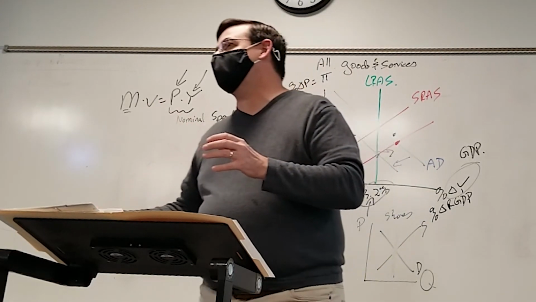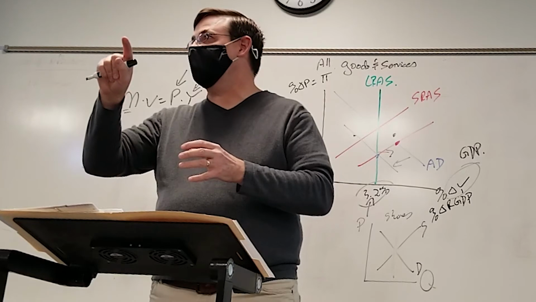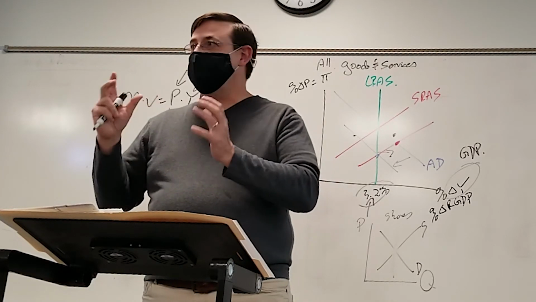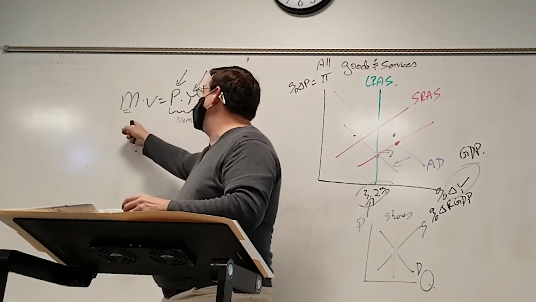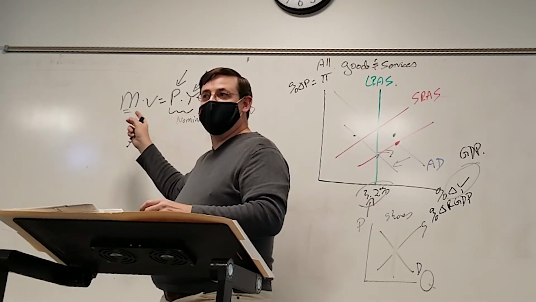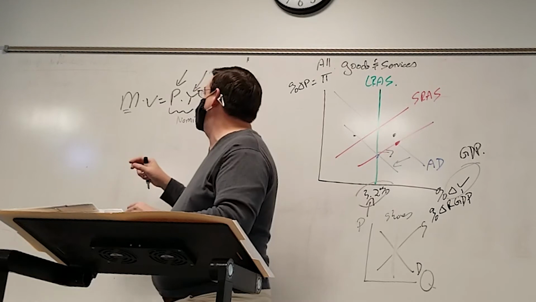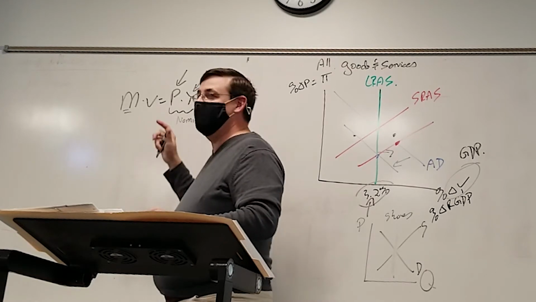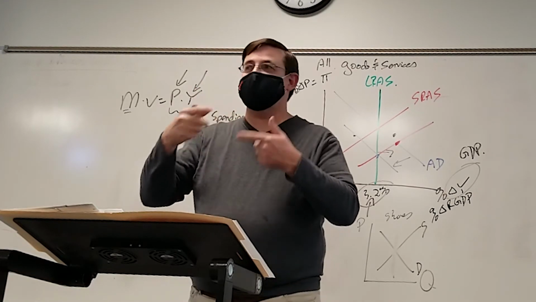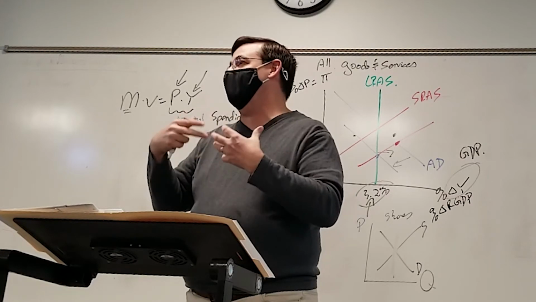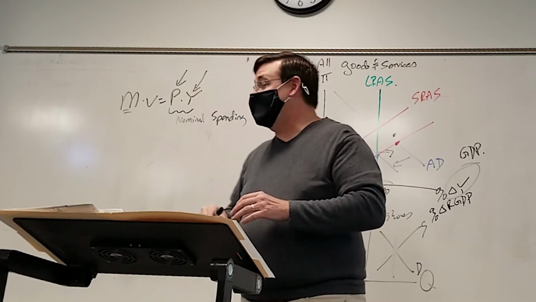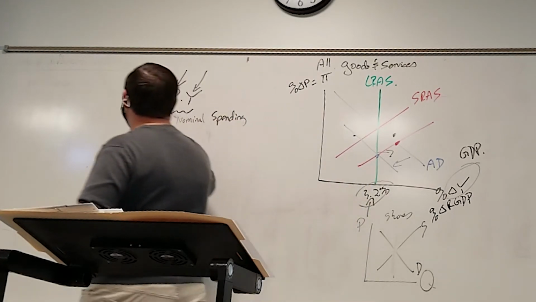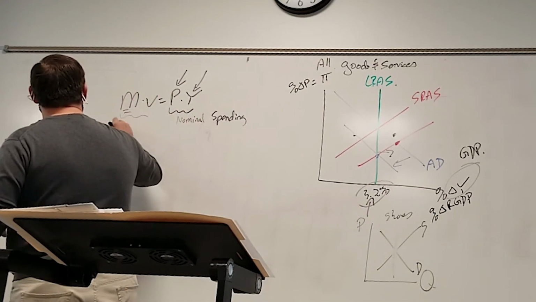So if the water comes spurting out faster, you need less water to get the same amount of flow. If you have more water, maybe more fountains, a bigger hole that the water comes out of, then you need less speed of water to have the same amount of water flowing. Do you follow? Okay. Now what we do with this overall equation, this also is equal to nominal spending.